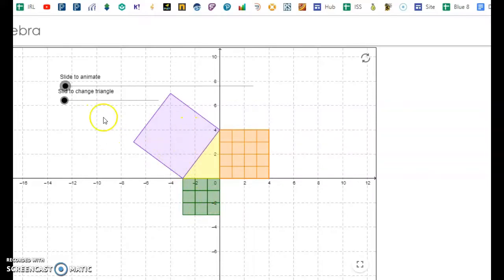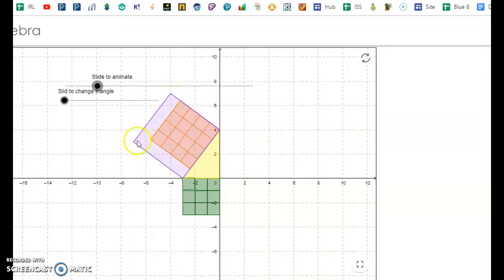With this animation, we can actually slide the pieces to show that this is true. As we slide this over, you're going to see those two squares fill up the big purple square. This one just flips over, and then we still have that gap to fill in.